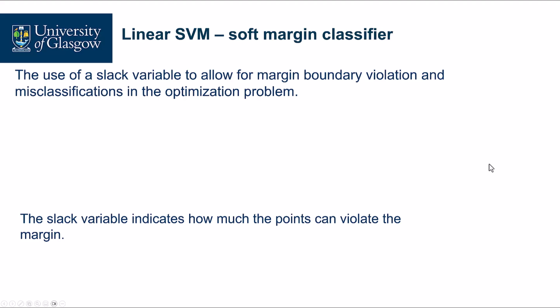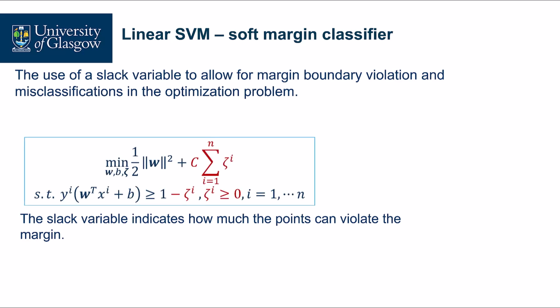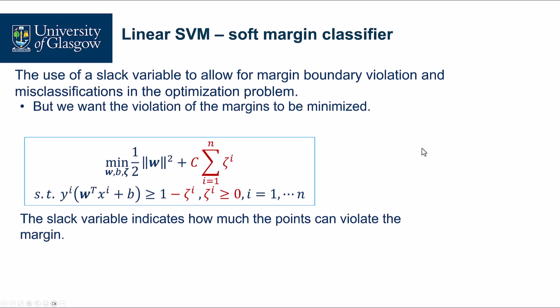First, the slack variable, what is the goal? This one indicates how much the points can violate the margin. So we can see it's here, the relaxed condition, and we add it here. The goal is that we want the violation of the margins to be minimized, although it is allowed, right?